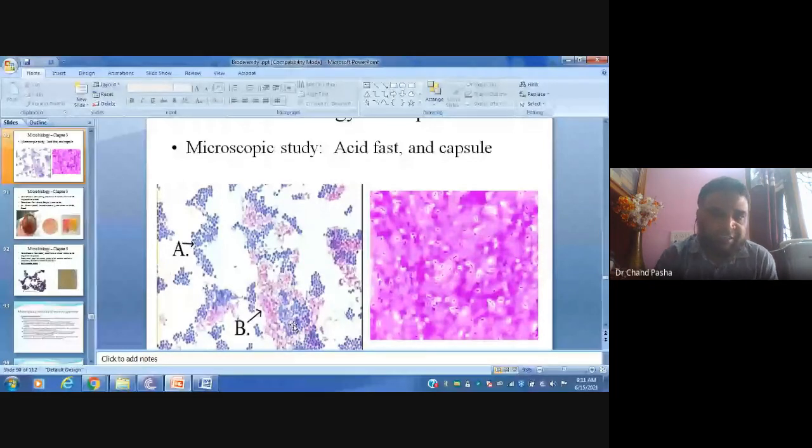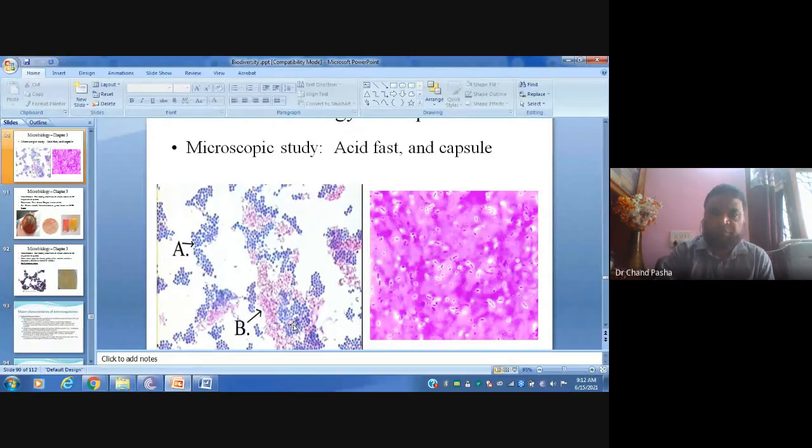The sputum is collected here for the AFB staining, acid-fast bacillus staining. So here the sputum is contaminated with Staphylococcus aureus as well as Mycobacterium tuberculosis. Mycobacterium tuberculosis, because of acid fuchsin, appears pink, and because it is a gram positive bacteria, Staphylococcus aureus will appear blue.